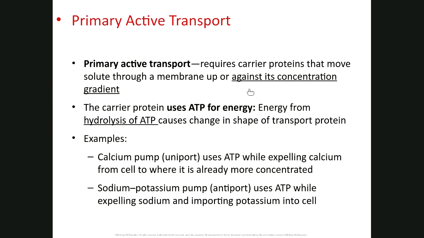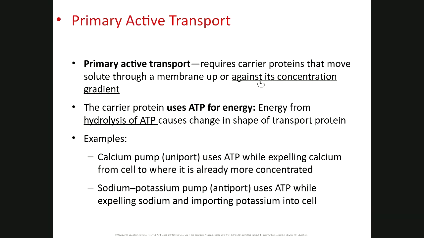Let's say you have a high amount of sodium inside the cell. Well, in primary active transport, we're going to actually continue to make that happen. We're going to keep bringing even more sodium inside the cell. Rather than balance out the levels of sodium on each side of the membrane, instead of going down a concentration gradient, we're going to go against the concentration gradient.